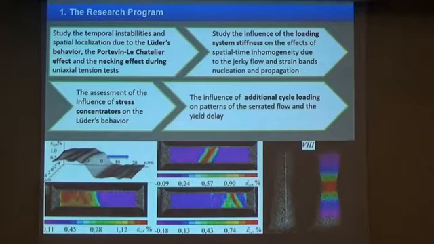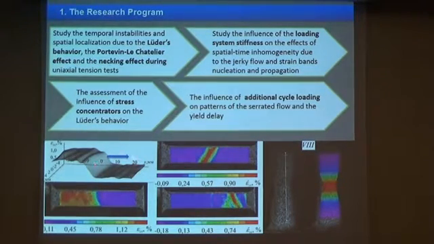The second step is about the study of the influence of the loading system stiffness on the effects of spatial time inhomogeneity. Also, it is interesting to assess the influence of the stress concentrators and the additional cycle loading on the serrated flow and the yield delay effect.